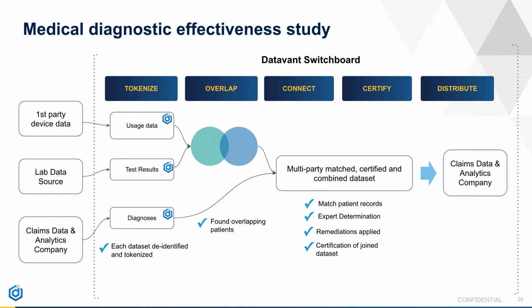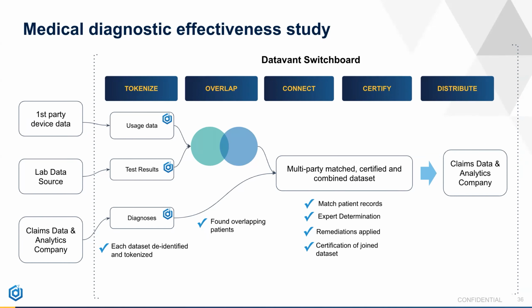And ultimately, what you're trying to do is run an analysis for the effectiveness of your device. So what you can do here is tokenize your first-party data and run an overlap with the lab data set. And we've actually seen this happen where the organization will license the lab data, but only license the lab data for patients that are in their first-party data set.